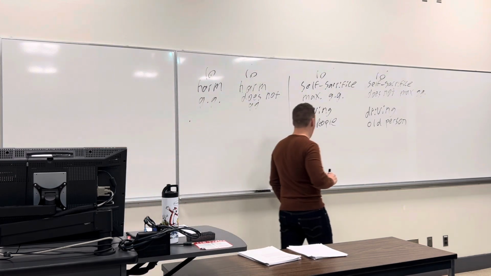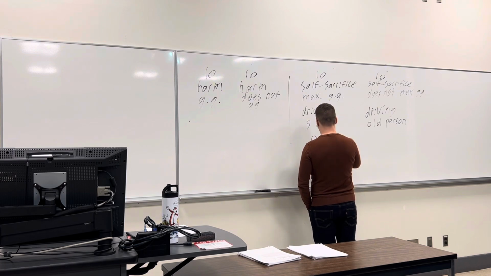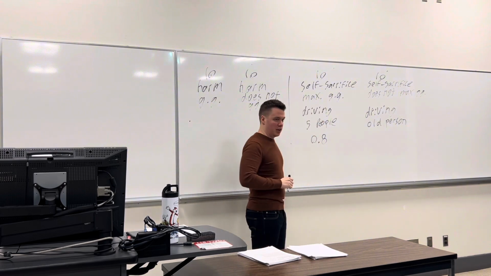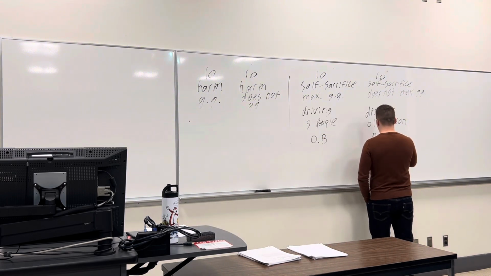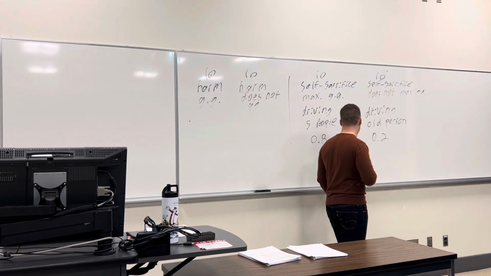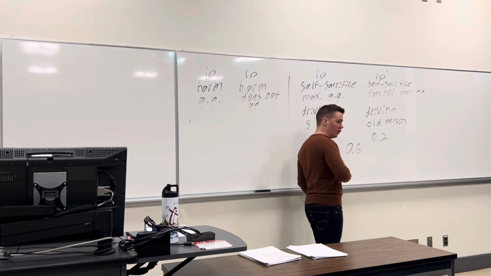So let's say someone endorses self-sacrifice here in 8 out of the 10 dilemmas, but only endorses self-sacrifice here in 2 out of the 10. This minus this, they would have a utilitarianism score of 0.6.